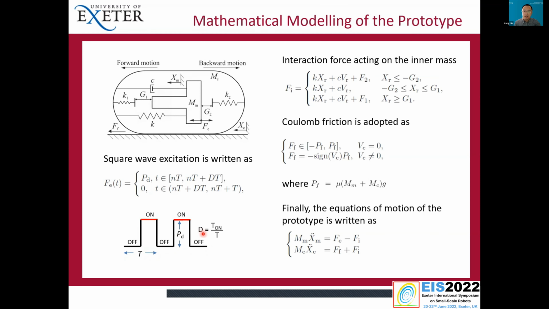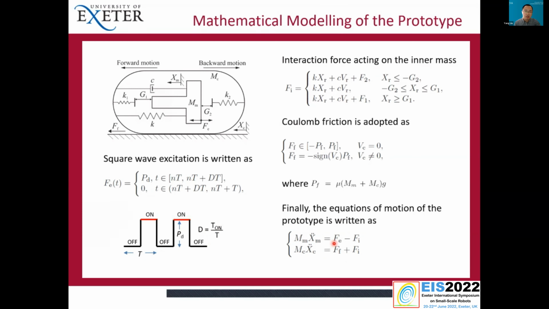And D is the duty cycle, which is the ratio of the time on, the duration on, divided by the whole duration of the excitation. So we are going to change these three control parameters to understand the different dynamics of the system. On the right corner, we have the equations of motion for the prototype.